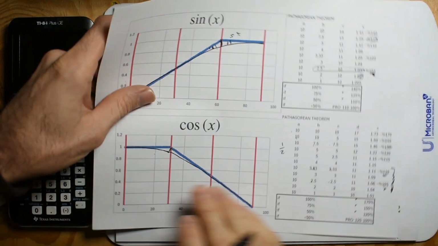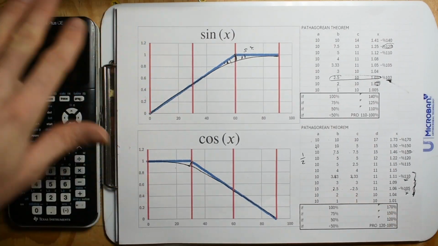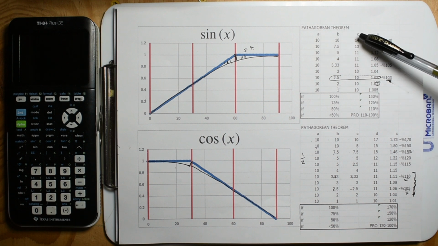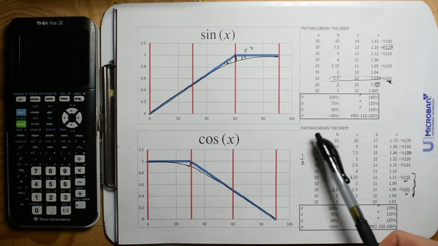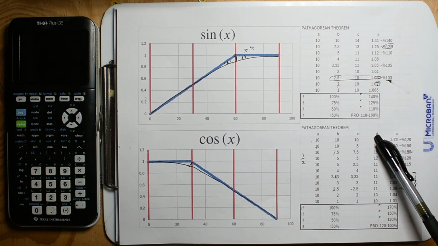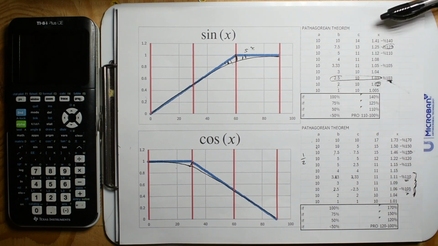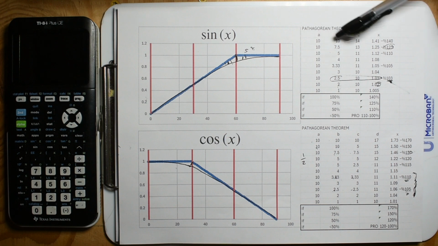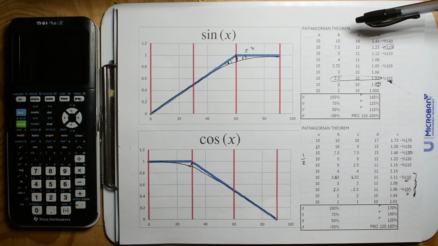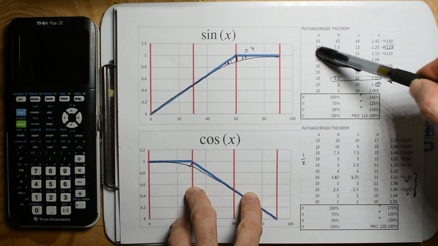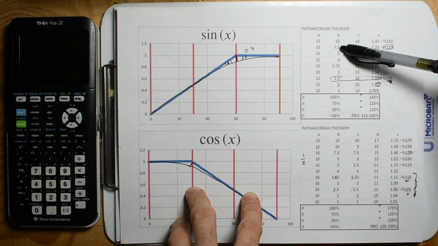And so I do have a little chart on this if you want to pause the video. Here's Pythagorean's theorem, and I'll make a better chart that's more legible. Here's for a right triangle. Here's in 3 dimensions. You have 3 sides, A, B, C, and the hypotenuse is D. This is side A and B, and hypotenuse is C. What I'm trying to do is find the side with the larger magnitude, and then compare the other side.